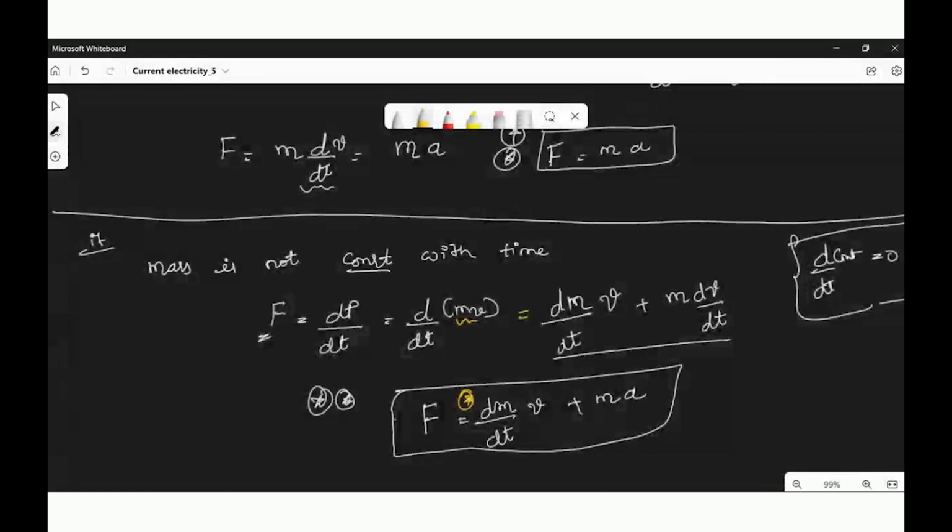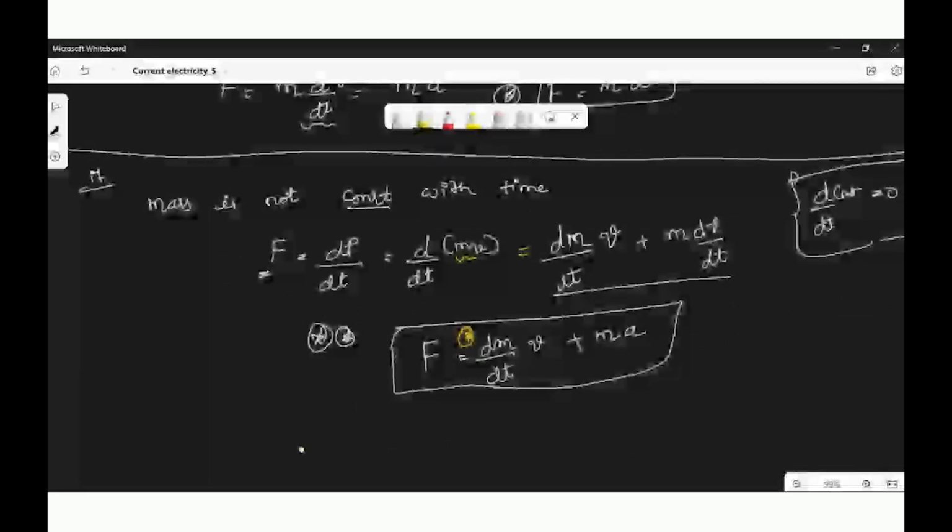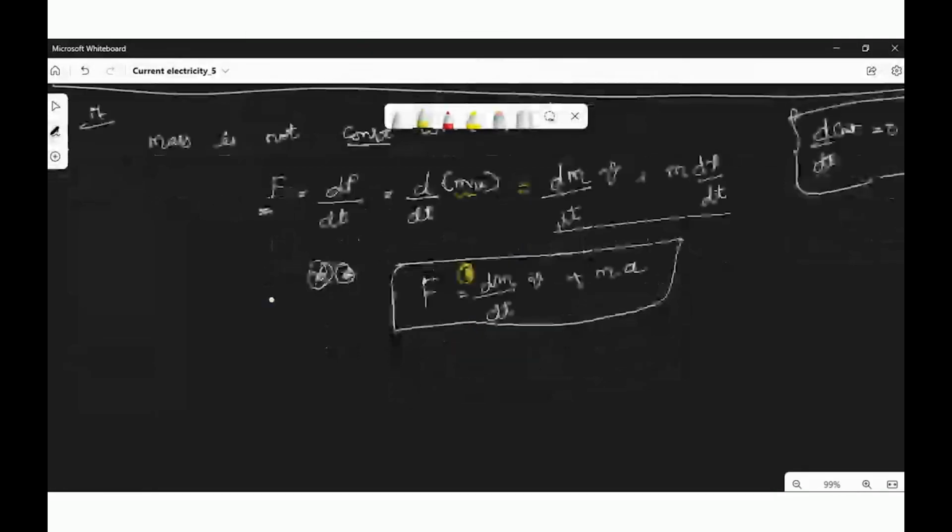Now we'll try to define units. We already defined what a force is: an external agency which is applied to change the state of uniform motion or the state of rest. We also found out that it depends on the rate of change of momentum. That's how we defined our force.